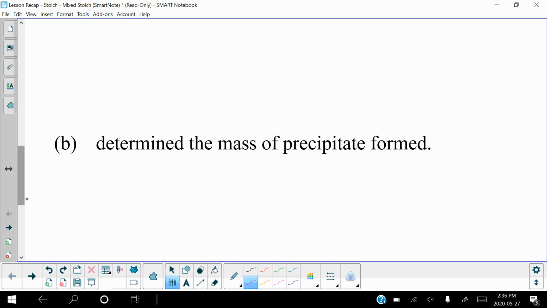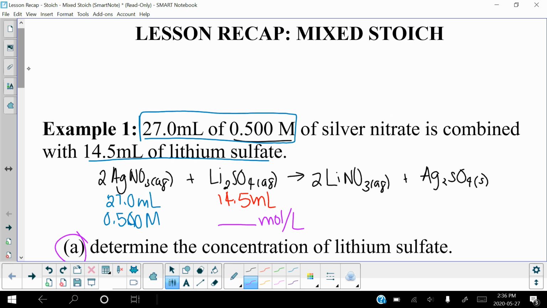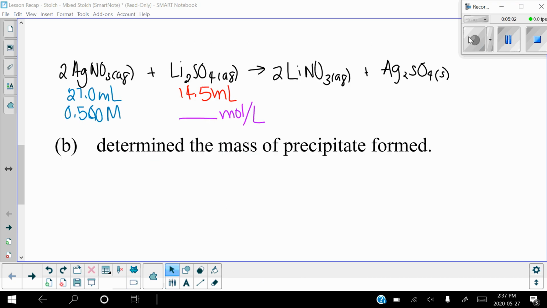Determine the mass of the precipitate formed. So I'm going to go and grab that same reaction because we're going to be using the same reaction. However, now it wants us to find the mass of the precipitate. So we no longer are worried about this as being our unknown anymore.